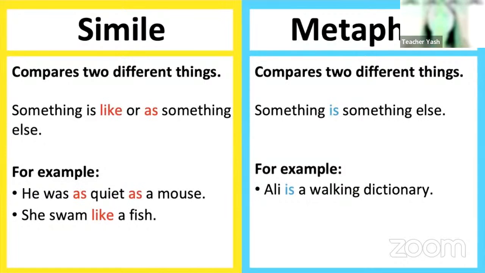However, because I'm comparing Ali to a dictionary, it suggests that he has a large vocabulary or he knows the meaning of a lot of words. Another example is, time is money. Again, in this example, of course we know that time isn't literally money. However, it describes how valuable time is as I'm comparing it to money, which of course we know is very valuable.